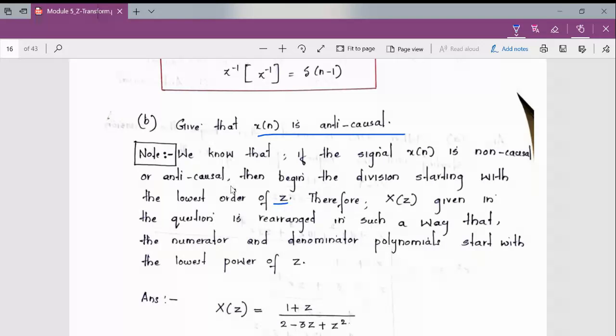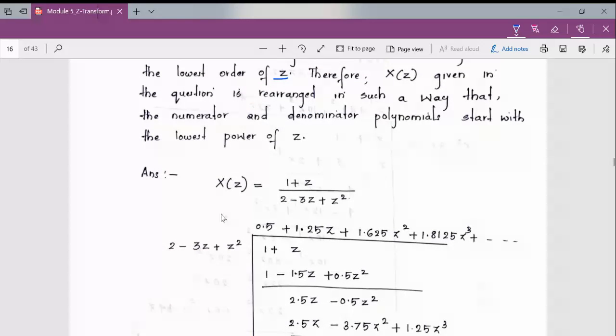We have two polynomials, the numerator polynomial and the denominator polynomial. In case of causal x of n, we started the polynomial division with the highest power of z, both in numerator and denominator. In case of anticausal, we have to rearrange the polynomial from the beginning as the lowest power of z, like that.